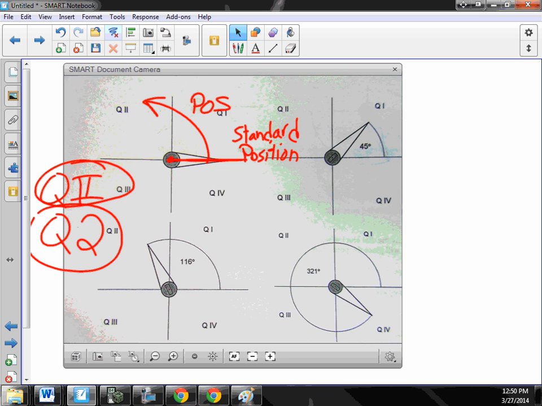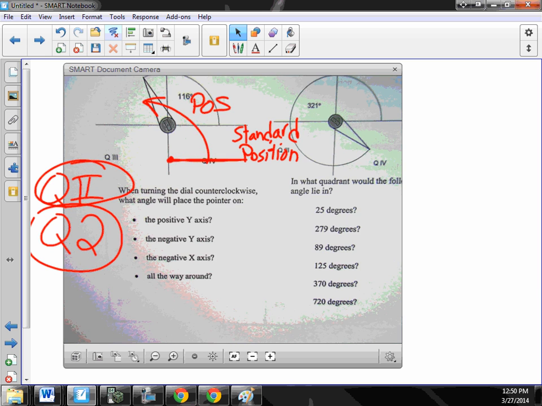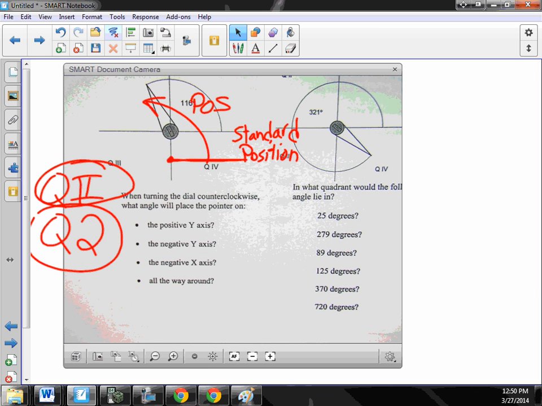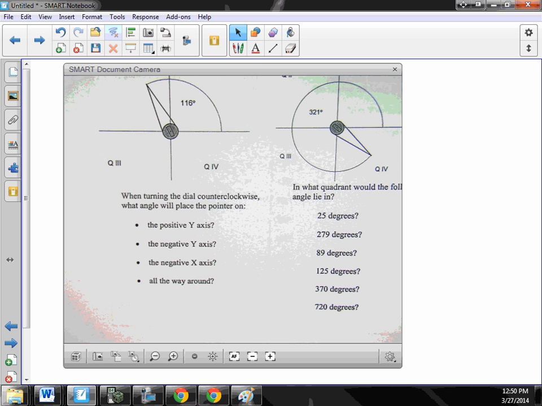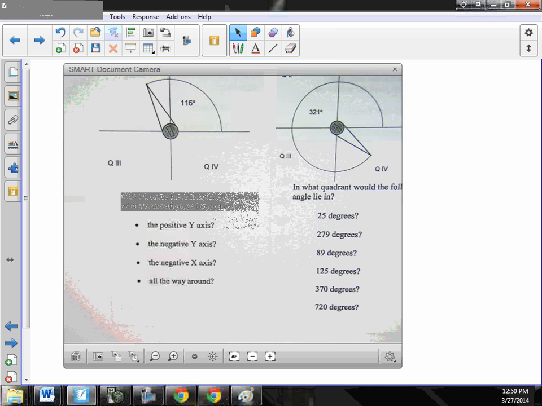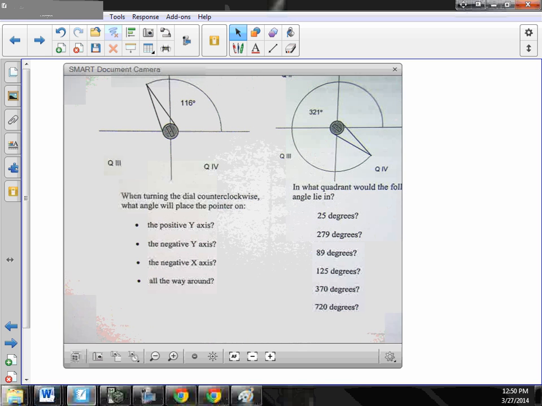All right, so you see a bunch of angles here. If you look down, there are a couple questions. When turning the dial counterclockwise, what angle will place the pointer on the positive y-axis? Positive y-axis, 90. And I've built these nifty little measurers. So that's standard position.